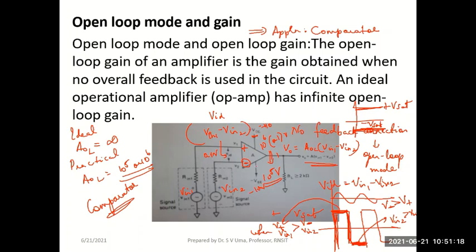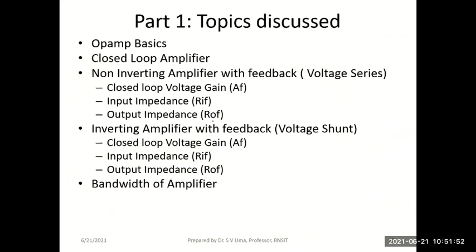You have power supplies in the range plus 10 and minus 10. The output voltage can remain at plus 10 volts positive peak, VSAT, minus 10 volts negative peak, not less than that or not more than that. So depending on your DC voltages, the output voltage will have to be decided and stabilized. That's why the differential input voltage is always very, very small. Because of the high gain of the op-amp, the differential input will be very small.